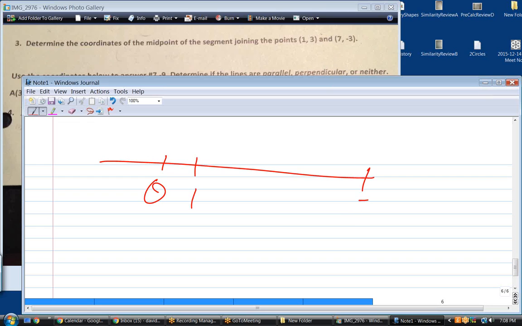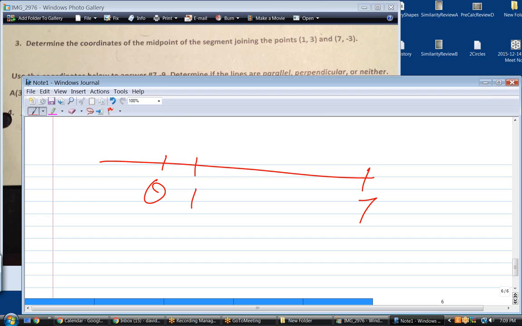There's 7 on a number line. How do I find the halfway point? Same way you found the mid-segment. You add the two numbers and divide by 2. Just like we added the top base to the bottom base and divided by 2, that's the average base.